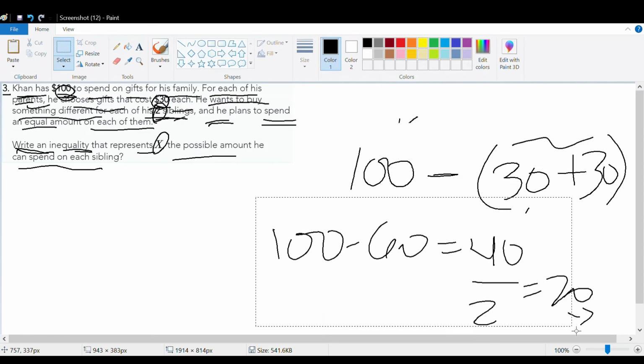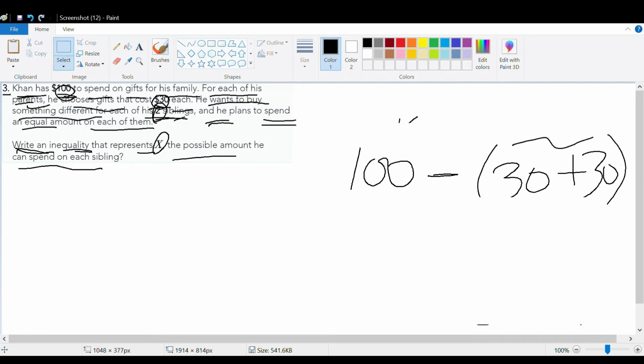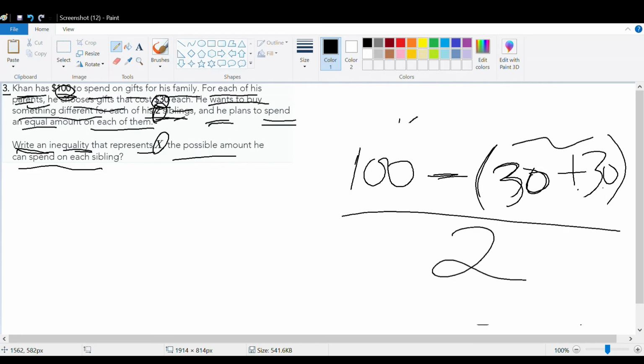So if we delete all of this and go back to the original equation, which is 100 minus 30 plus 30, and you divide this by 2, this right here will give us the possible amount he can spend on each sibling.